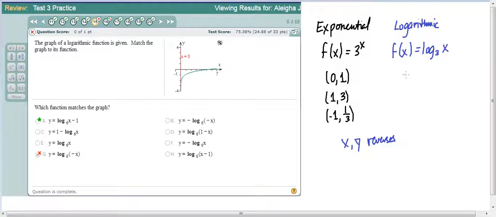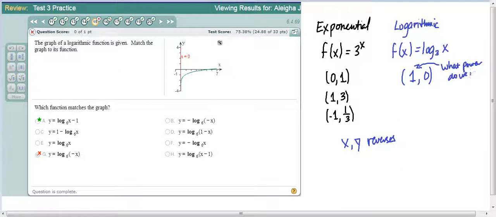What was x becomes y, and what is y becomes x. So in other words, 0, 1 is now 1, 0, because when we take the log base 3 of 1, we're asking, what power do we raise 3 to get 1?